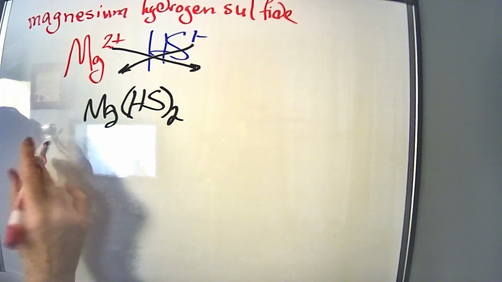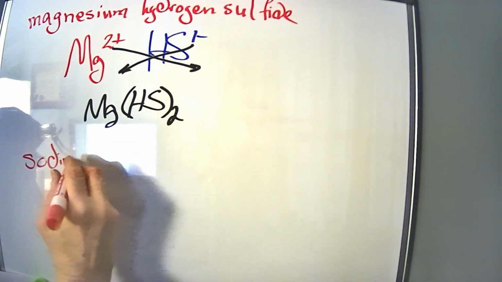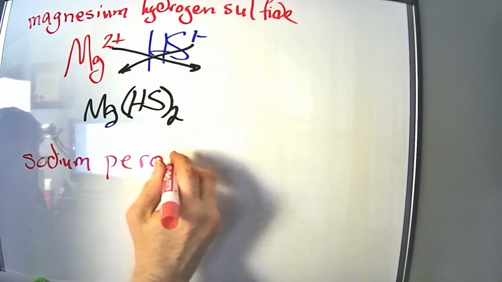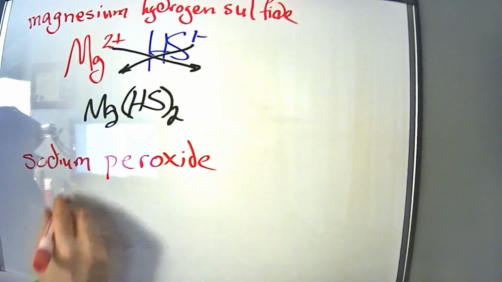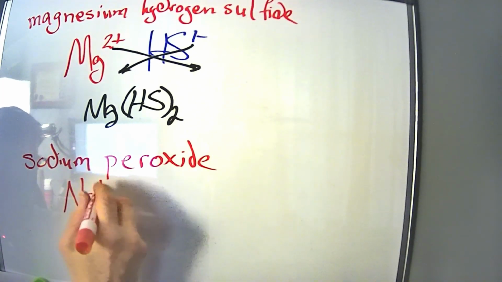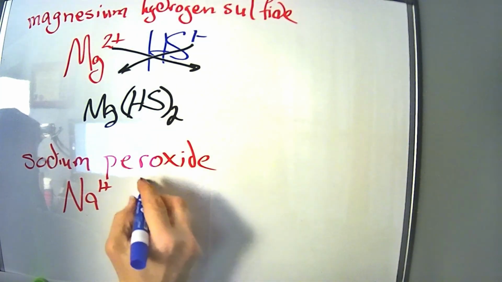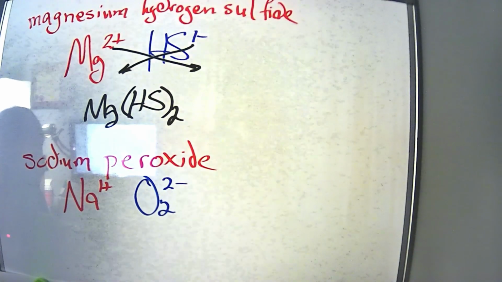Sodium peroxide. Sodium, Na 1 plus. Peroxide is a polyatomic ion, O2 with a 2 minus charge.